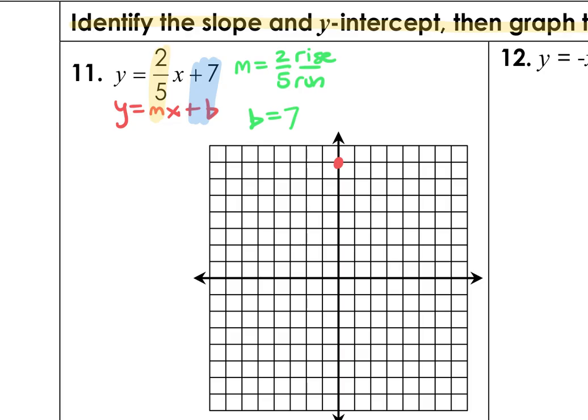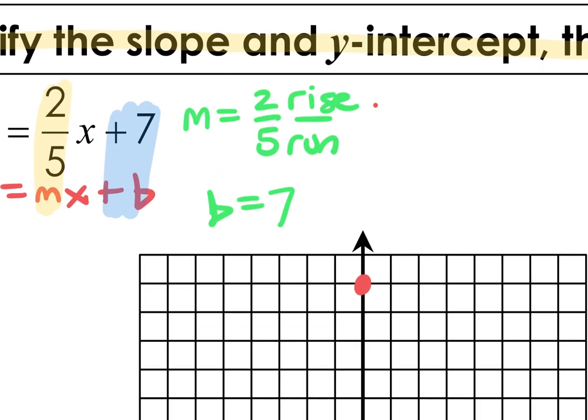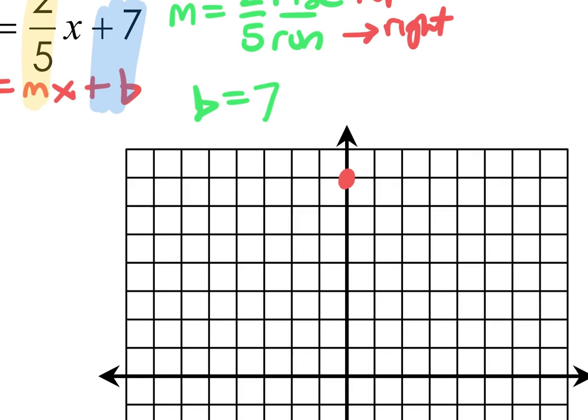Now, I could add another little tick mark up there and go over 5, but a lot of students don't like to do that because I don't want to go off the graph. Does anybody think you could tell me an option, Erica? You could reverse this order. So normally this would mean go up 2 and go to the right, up and right. You could reverse everything, which is what I'm going to do.